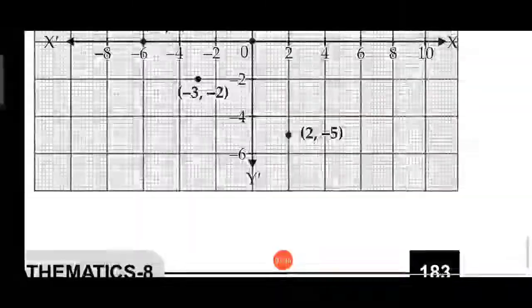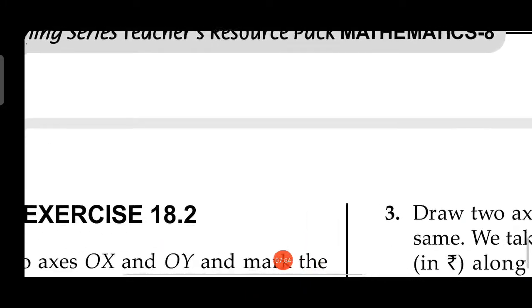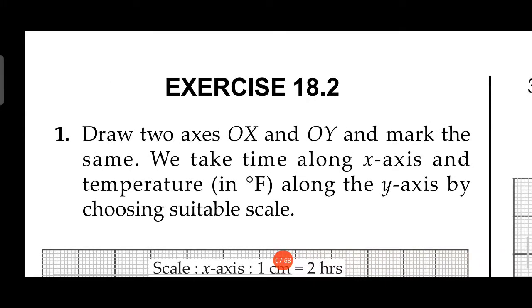Now an important question which is there in your exam, that is in your question bank, exercise 18.2, question number 1.